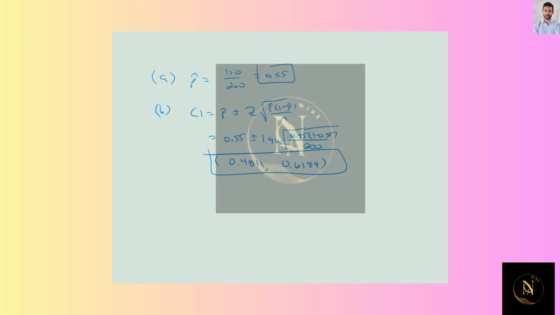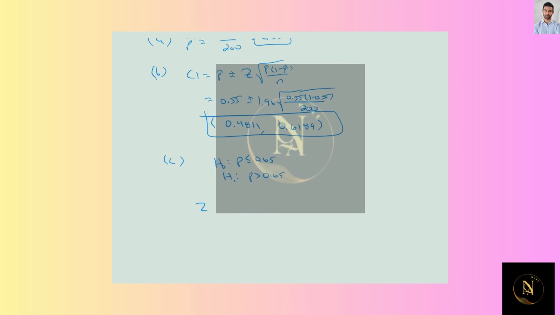And then for part C, to test whether the population proportion is greater than 0.65, the alternative hypothesis would be that it's greater than 0.65.